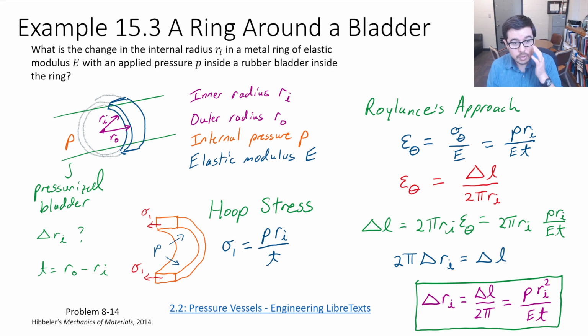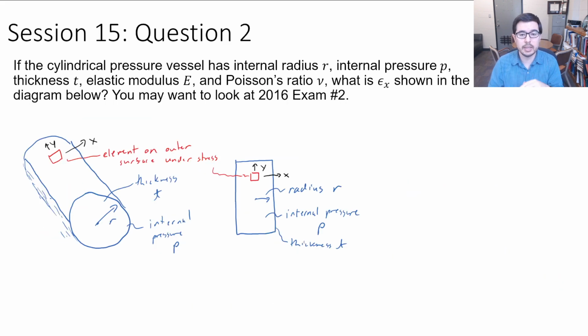So that concludes the instructional portion. I just want to review the questions that are now posed on the website and for the class. Here we have a cylindrical pressure vessel that has internal radius r, internal pressure P, thickness T, elastic modulus E, and Poisson's ratio nu.